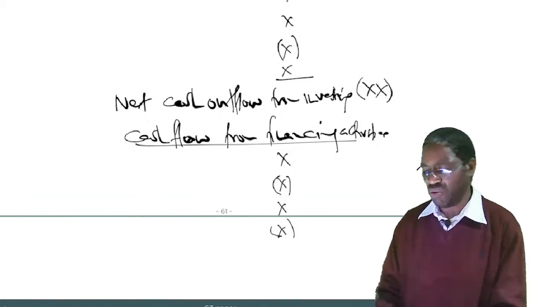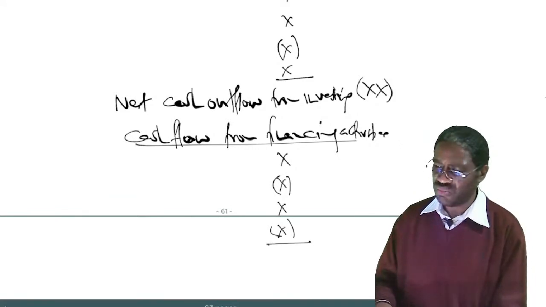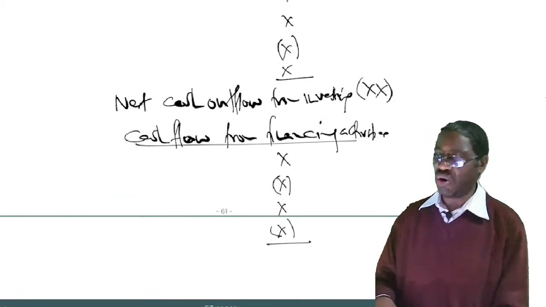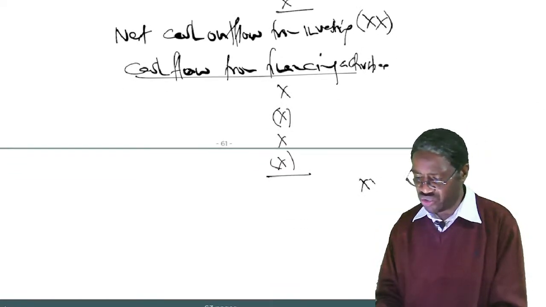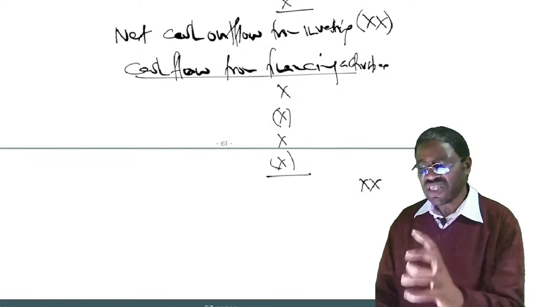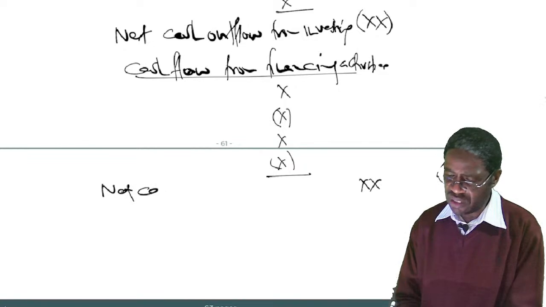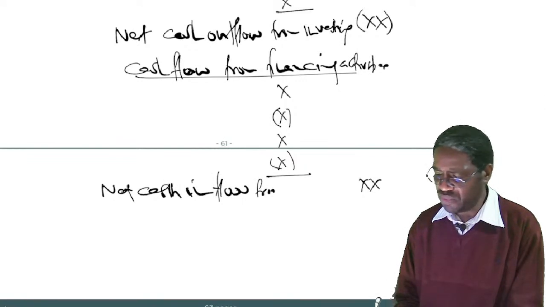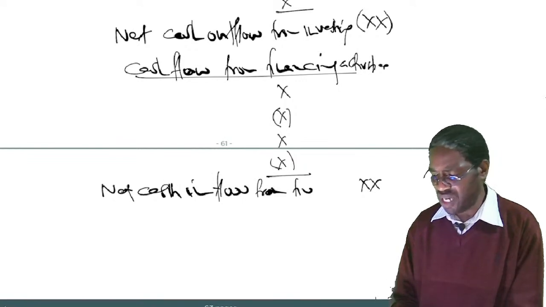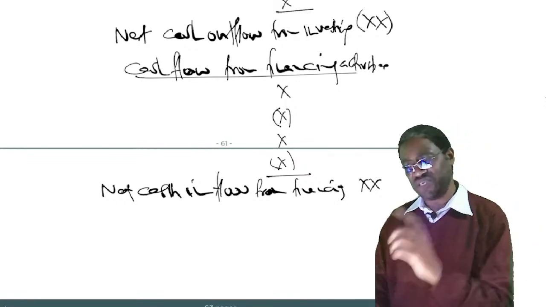Get the net of all of them. For now, let me assume that the net you got of all of them is a positive. Push it to the extreme. If it's a positive amount, you used to call it net cash inflow from financing activities.